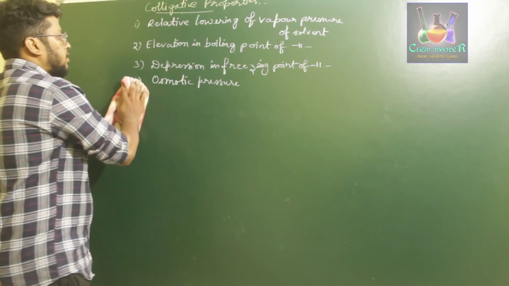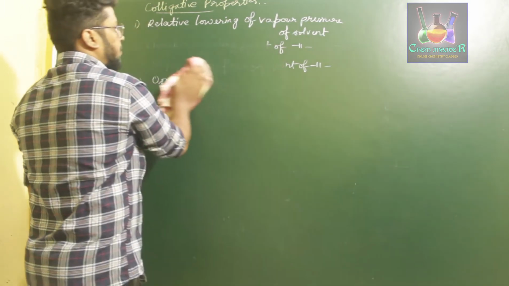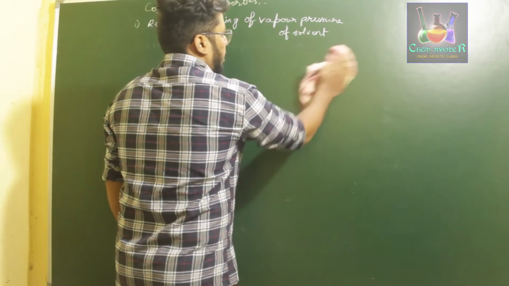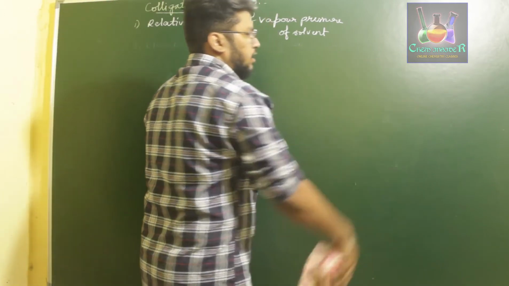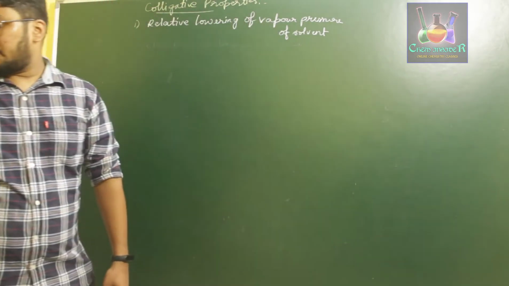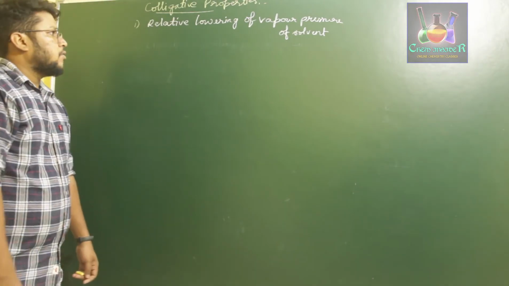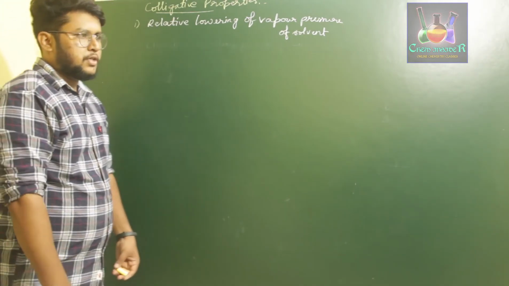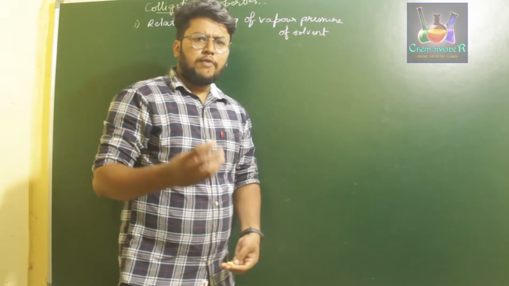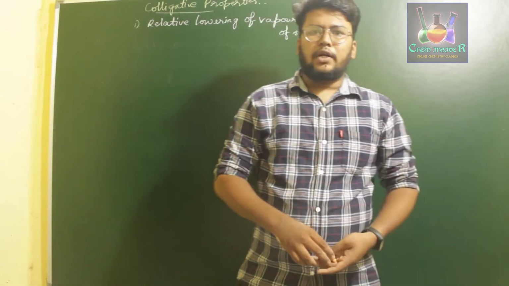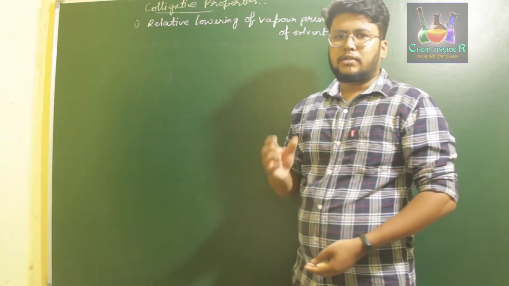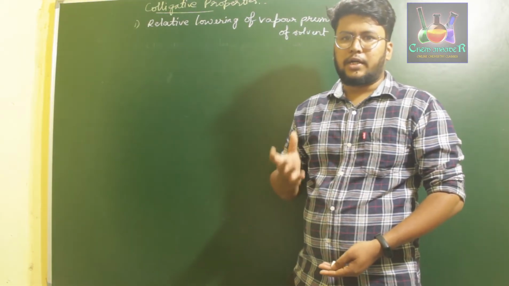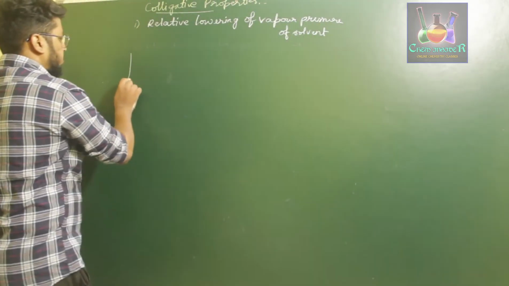Now first we will discuss the relative lowering of vapor pressure of a solvent, and we are going to calculate the molar mass of a solute using it. So first, what does relative lowering of vapor pressure say? If you consider a given non-volatile solute added to a solvent, we clearly say that the vapor pressure of the given component reduces, right?